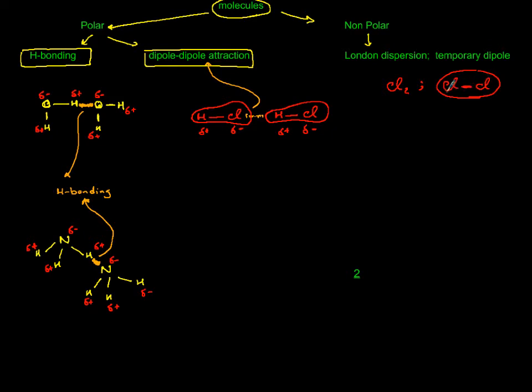Neither side is really negative or positive, but what happens is momentarily the electrons get locked in one side and make that side negative, the other side is positive, and if you have another like molecule next to it, there will be induction or polarization, and now this time becomes positive, negative.